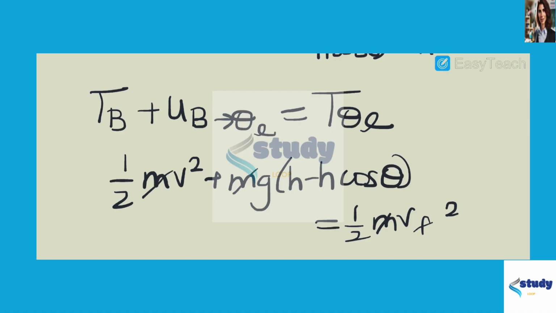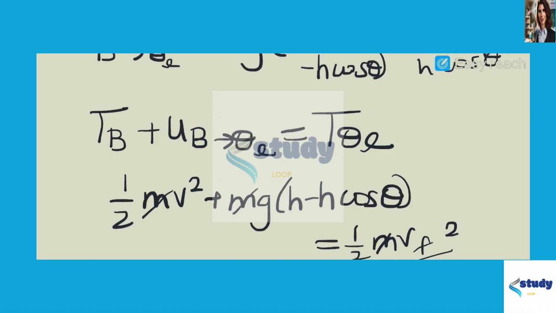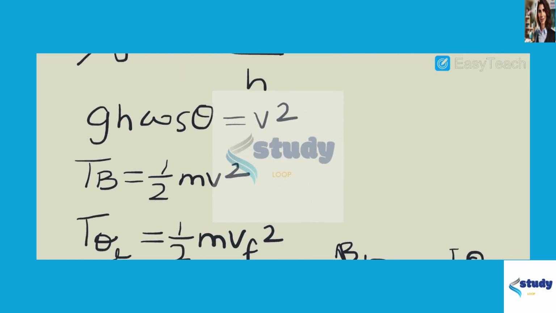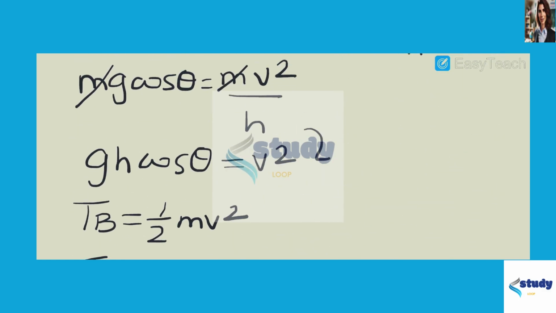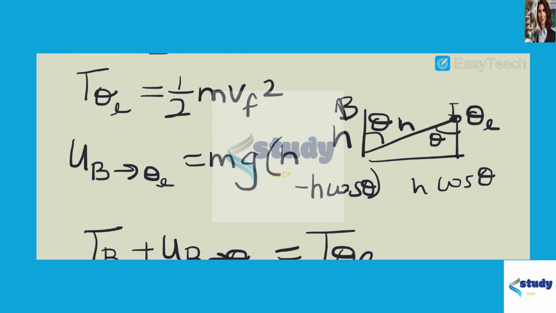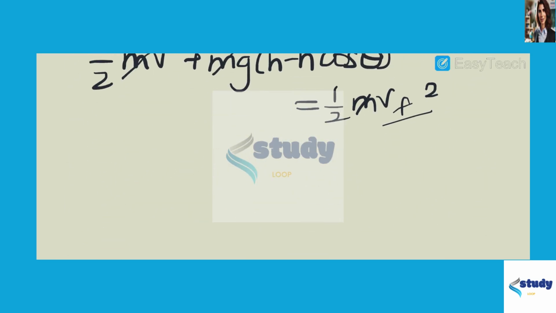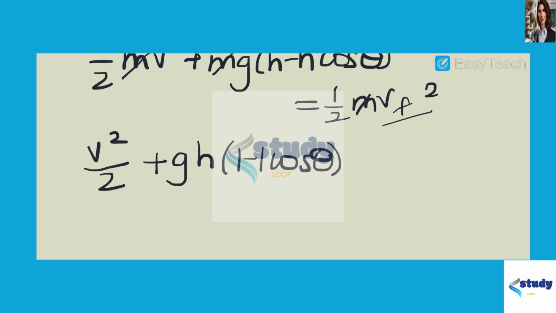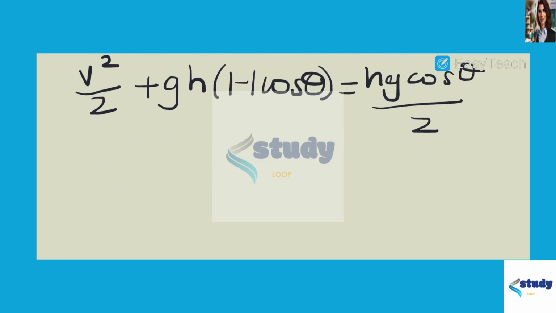Now, we explicitly do not know vf, but we do know vf in terms of the rotational motion, and that is right here. So that's where this comes in useful. We plug that in, and what we get is v squared over 2 plus gh times 1 minus cosine theta is equal to gh cosine theta over 2.